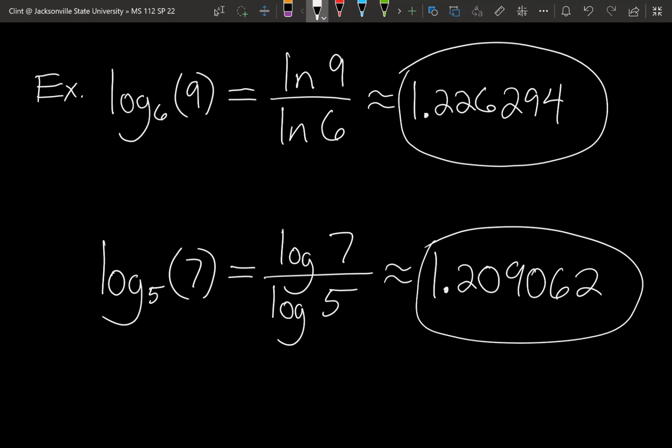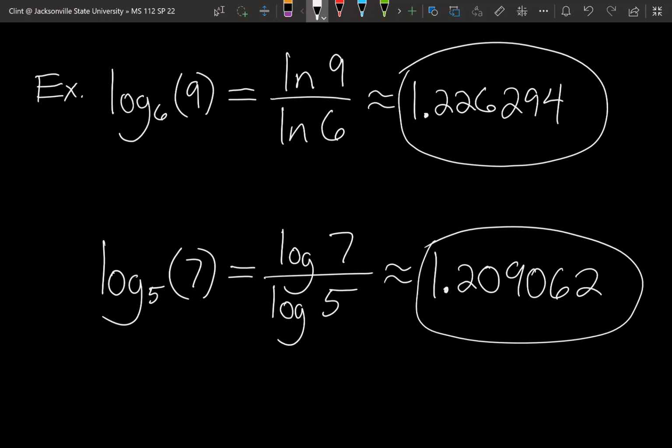So instead of having to deal with some weird base, you can do change of base and then figure it out. We won't get into it, but also if you have an equation that has logarithms with 2 different bases, then you can change one of them using the change of base formula, and that way you can combine the stuff like you need to.